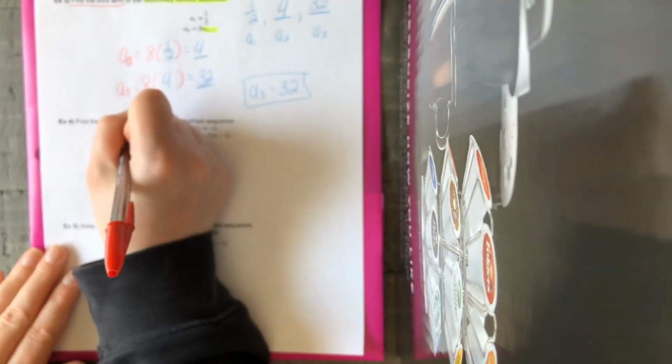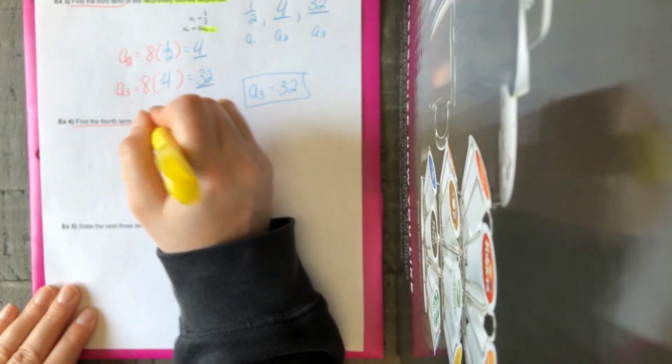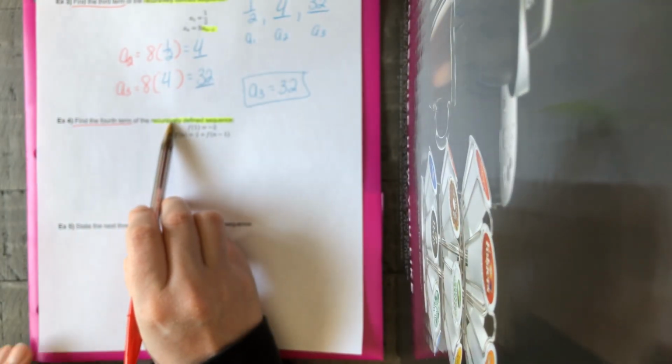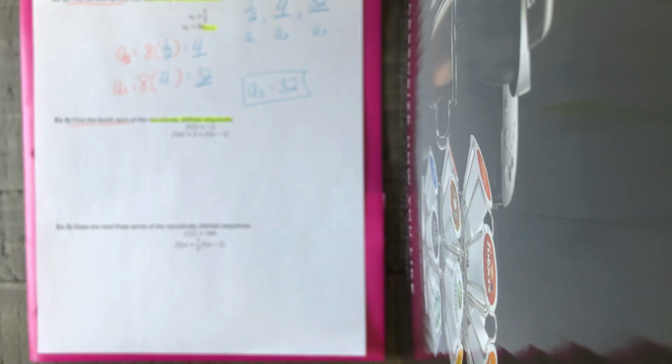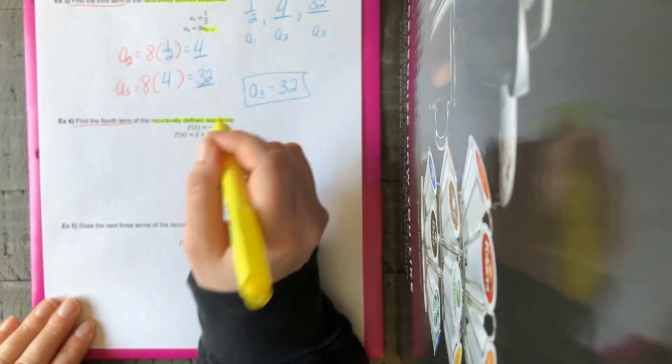So it says find the fourth term. That's my question. I'm going to underline it. Of the recursively defined sequence. Again, recursively tells me that I'm using the previous answer to solve for what I need. I can see the n minus 1 is right here. So that's going to be my previous step, my previous term.